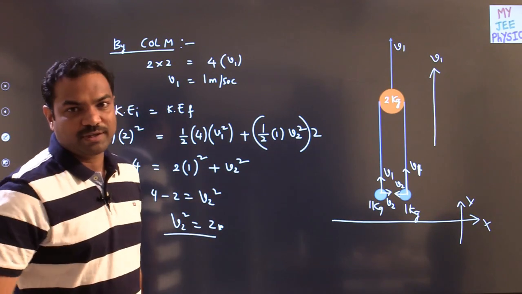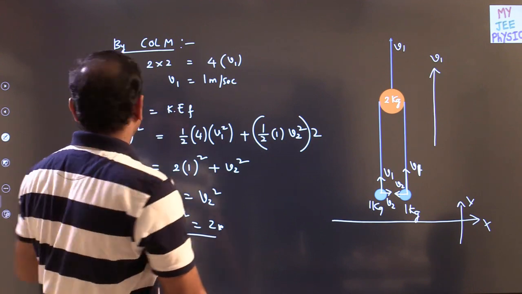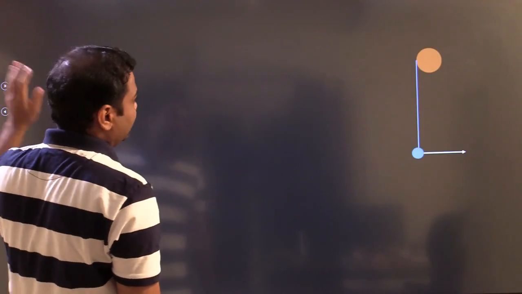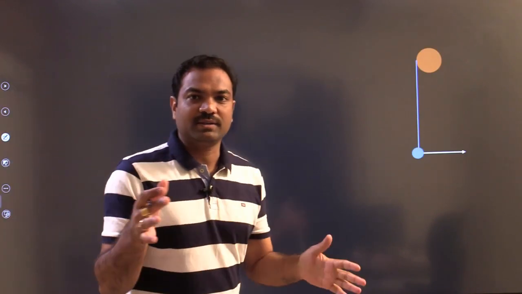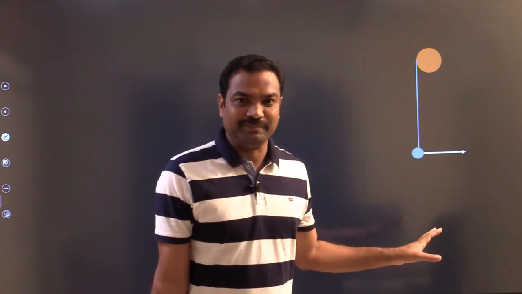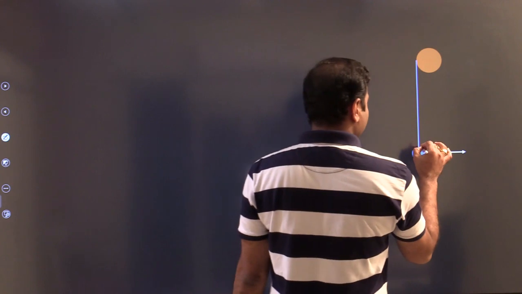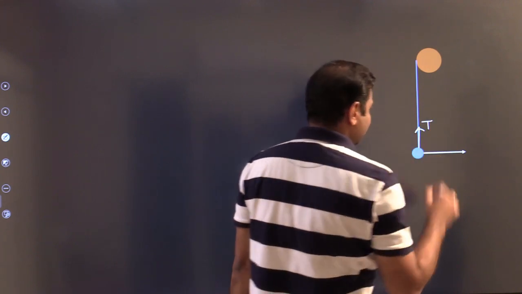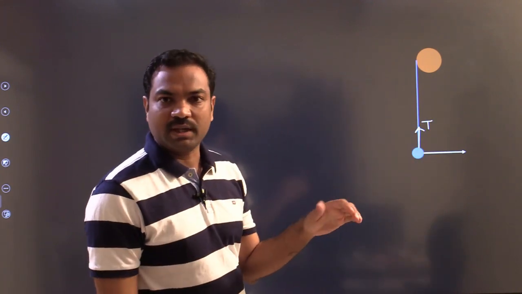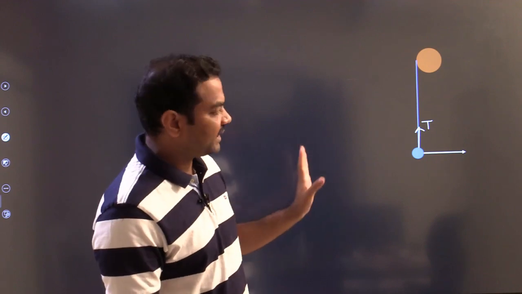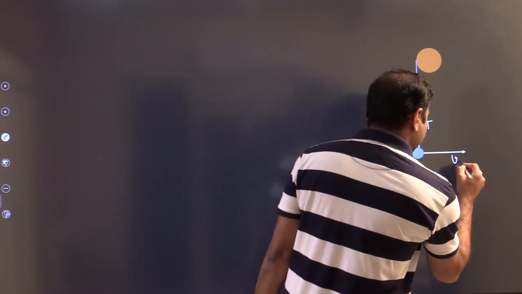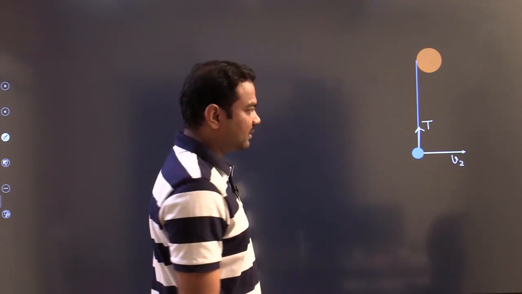Now the question is how to find out the tension. Okay, yeah. So this is an important idea for the entire question, like solving of the question depends on this idea. So please follow carefully. See, now I want to find out the tension value. So if I take tension here, no mg, no normal reaction, both are cancelling out, we know that, only tension is acting. And what is the velocity it is having? Velocity v2, perpendicular velocity.